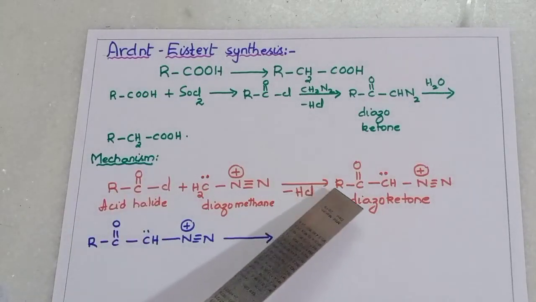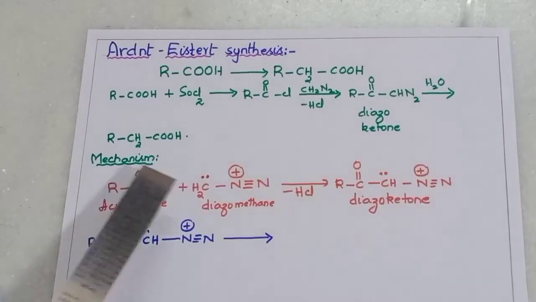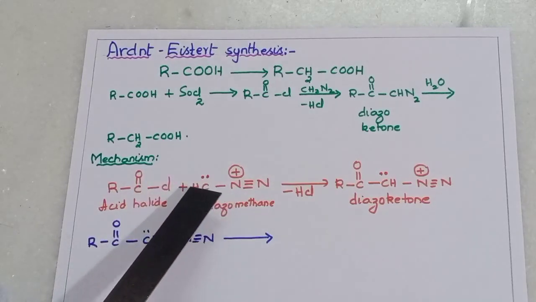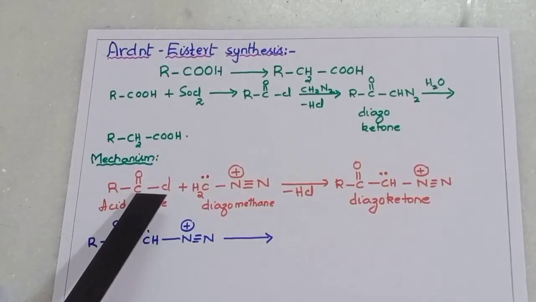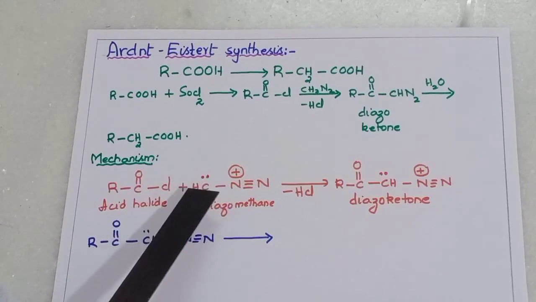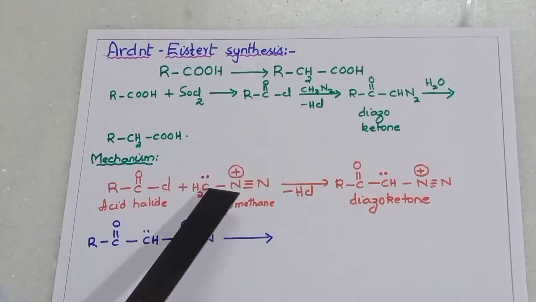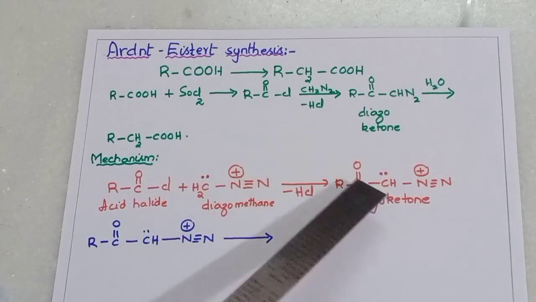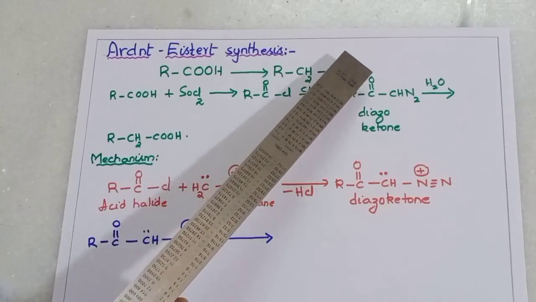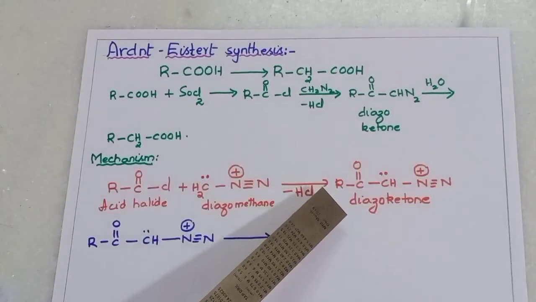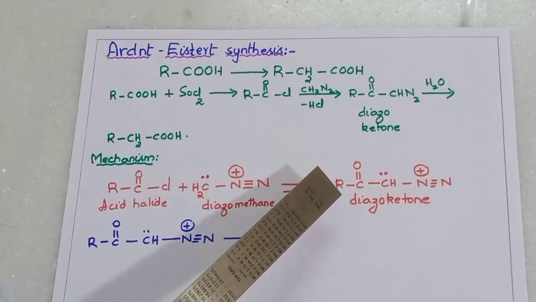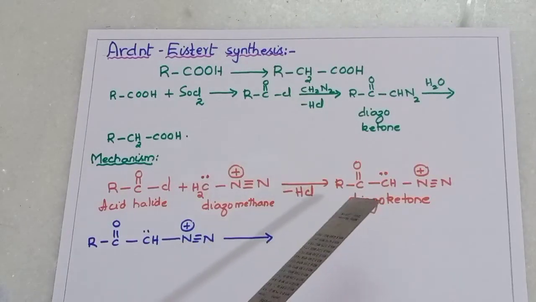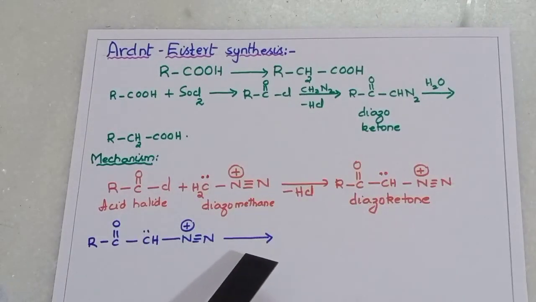So here we have R, C double bond O, bonded to this carbon with one hydrogen, and the whole thing: N triple bond N, positive charge on N and one pair of electrons on carbon. So here I showed you RC double bond O, CHN2, which is nothing but the same one here, the diazoketone. So this is the first step. Next, I will show you in the next step what this diazoketone does.